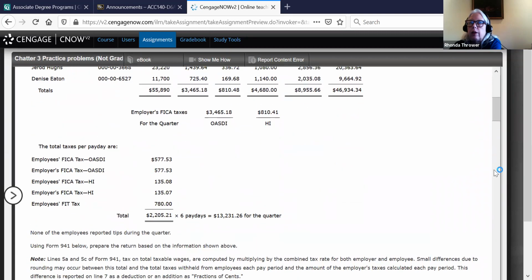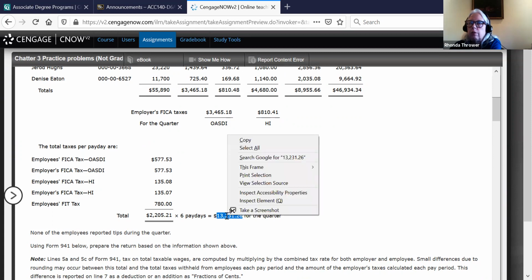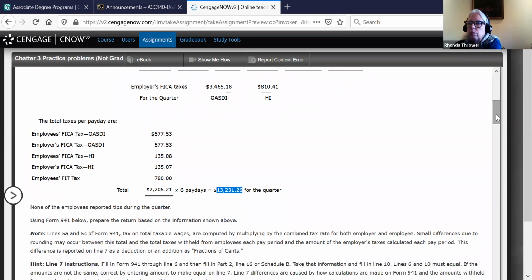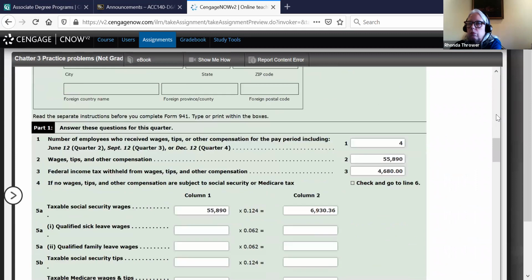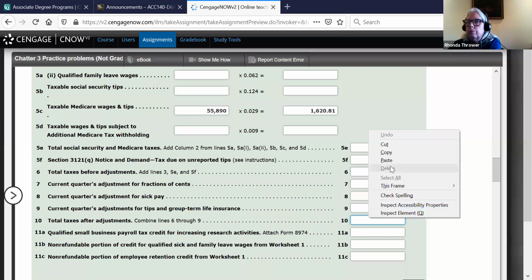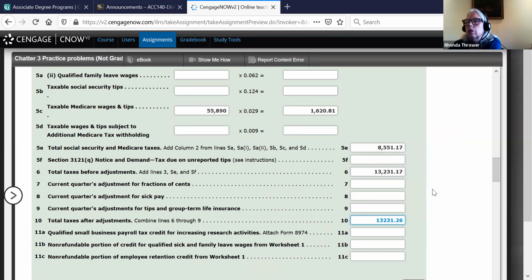And the total taxes that were deposited, they had figured it for us right here at $13,231.26. So I'm going to copy that and paste it in line 10. Notice that line 6 and line 10 do not equal.